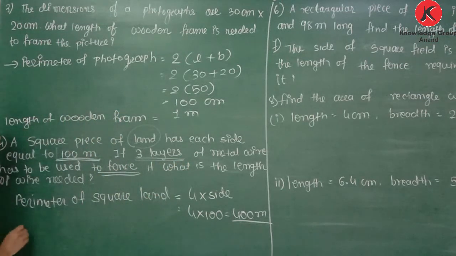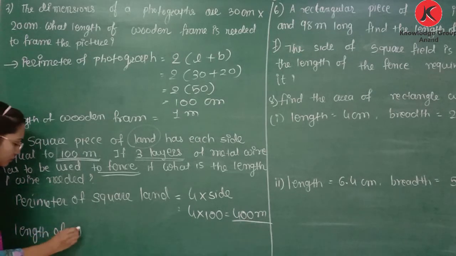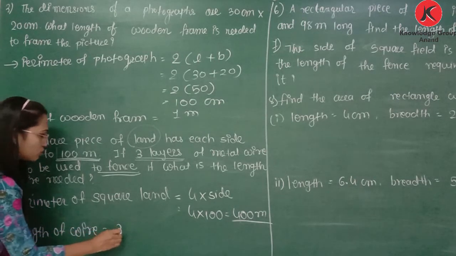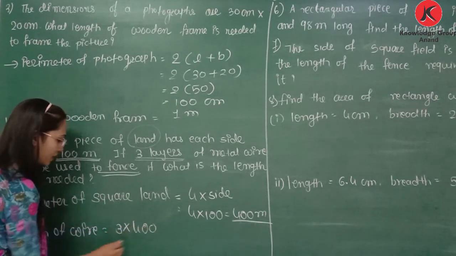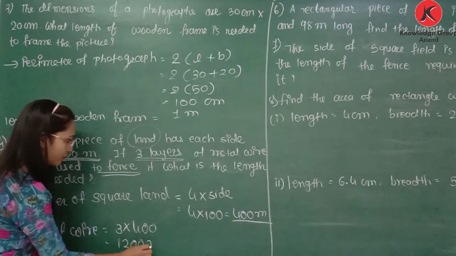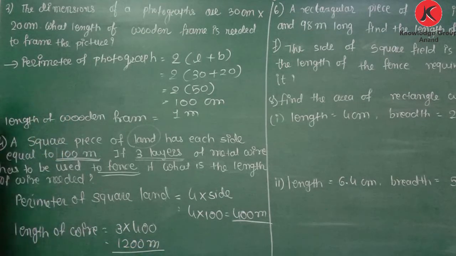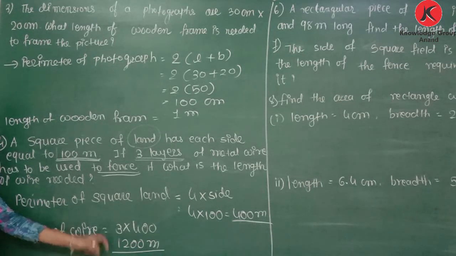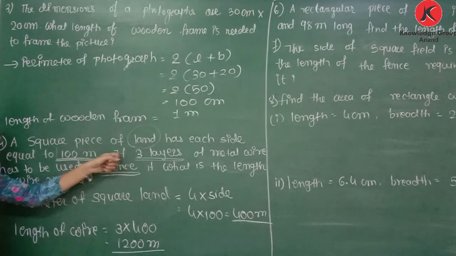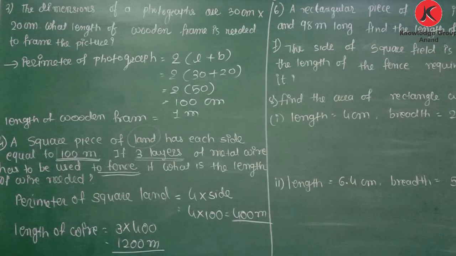That's why length of wire is equal to 3 multiply 400, that is 1200 meters. This much length of wire is needed for fencing the land with 3 layers. Clear?